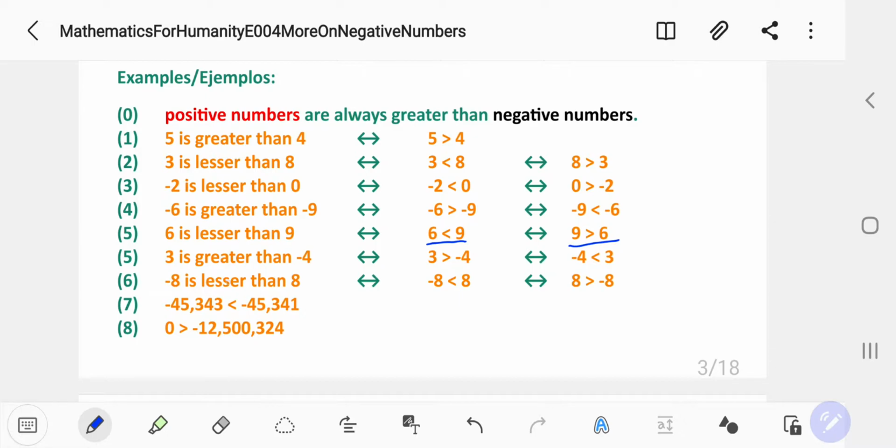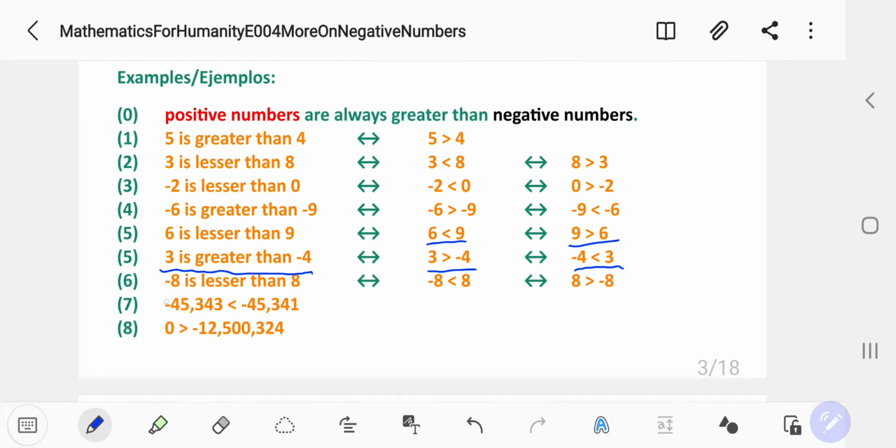Then, as I've said, positive numbers are always greater than negative numbers. So you have 3 is greater than negative 4. But you can flip it: negative 4 is less than 3.